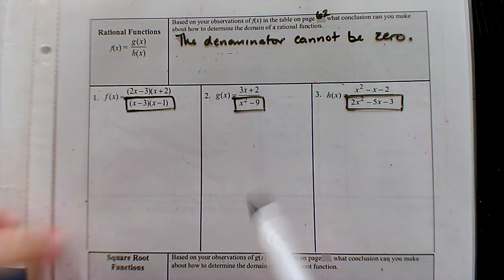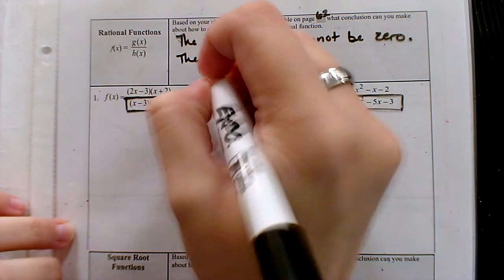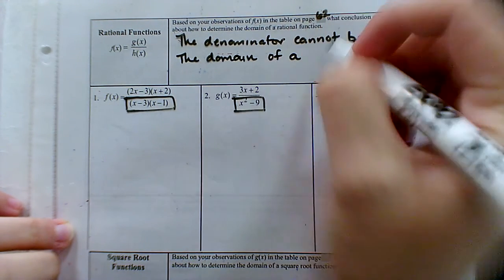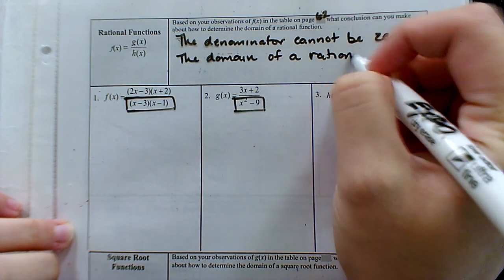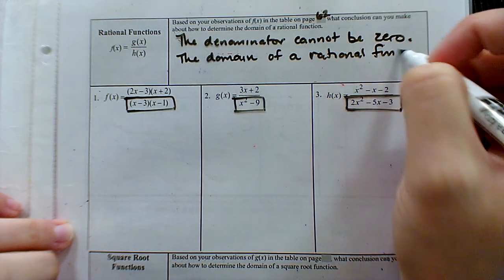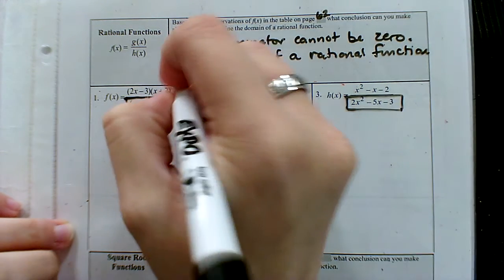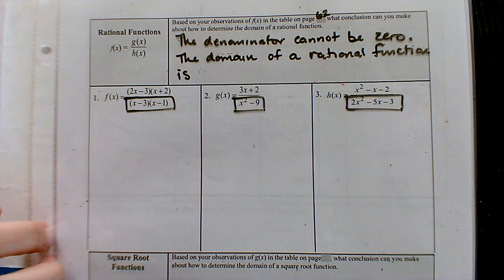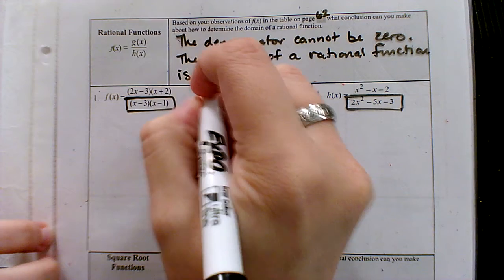So we'll go ahead and say formally the domain of a rational function is all real numbers. You can pick any number you want. Do we remember the symbol for that phrase? All real numbers? The 2 stems, yep.